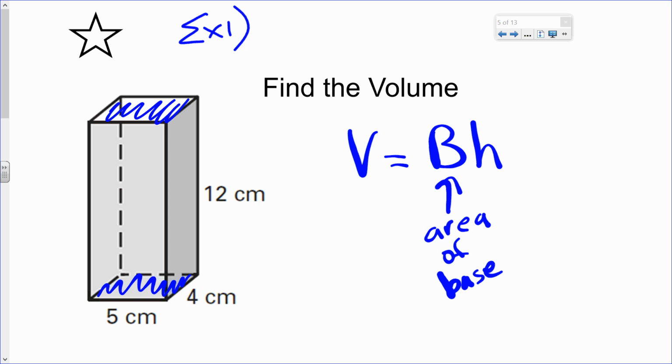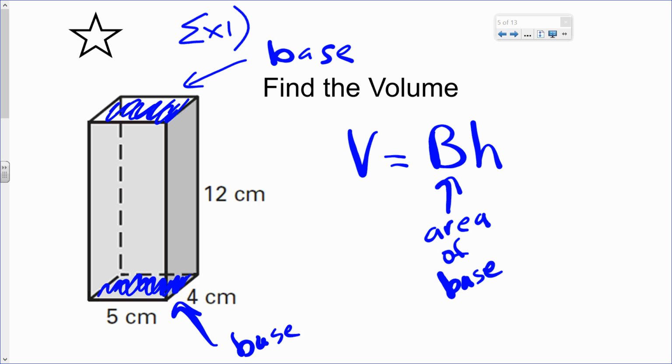And what is the base here? What shape is the base? Anybody tell me? So the base would be the bottom face and the top face. Either one of those are the bases. There are any two faces that are opposite each other that are the same. So this could be a base, and this could be a base.